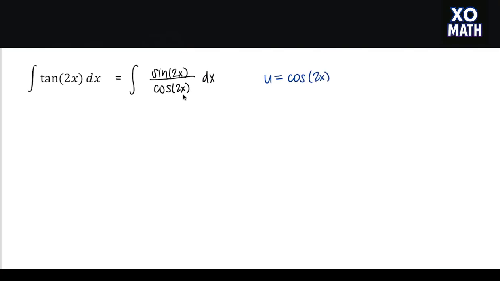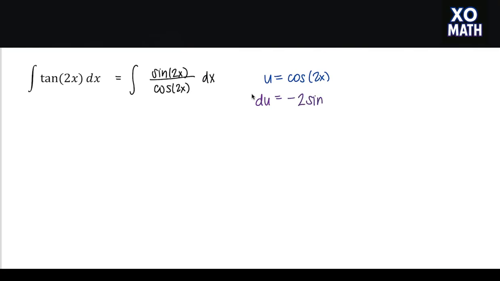And so again, we know we've picked the right u, or we're on the right track, if when I take the derivative of u, its derivative, or at least its derivative multiplied by a constant multiple, is multiplied in the rest of the problem. So let's take the derivative here. So du is equal to, the derivative of cosine is negative sine, but an extra 2 is going to come out from the chain rule.